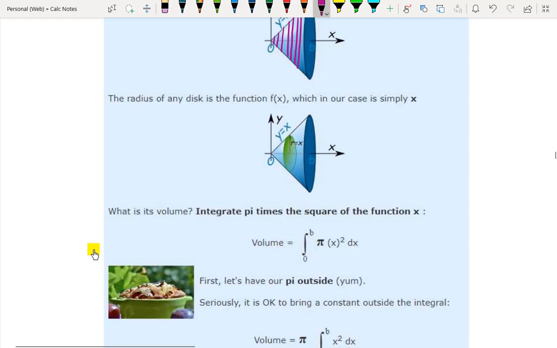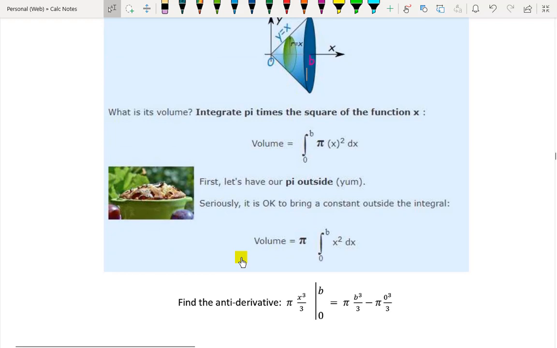So the integral of the area of that disk from a to b, which in the last example was 0 to 1. Okay, so we can integrate that, and in doing that we can always pull the pi outside the integral, and then it's just a matter of integrating from 0 to b of x squared dx, and we all know how that's done by doing an antiderivative and then plugging in the upper and the lower limit here.